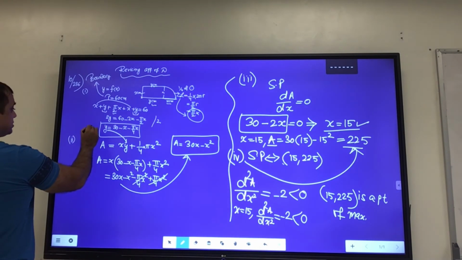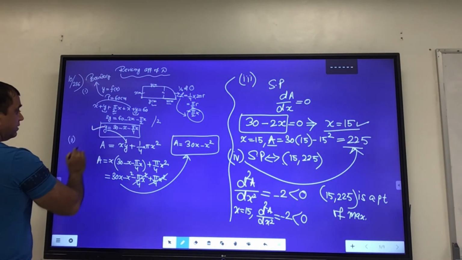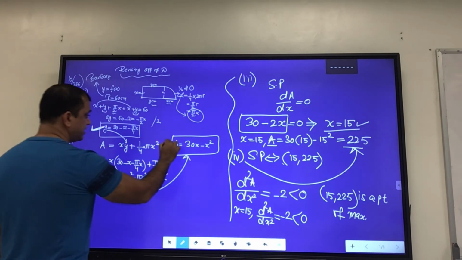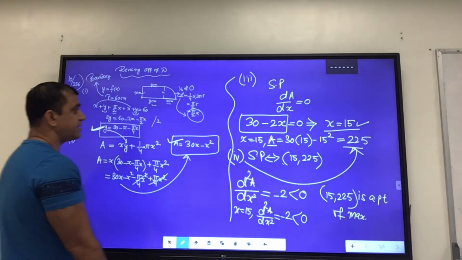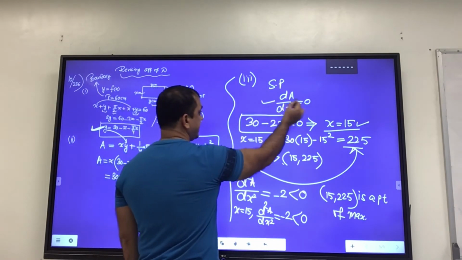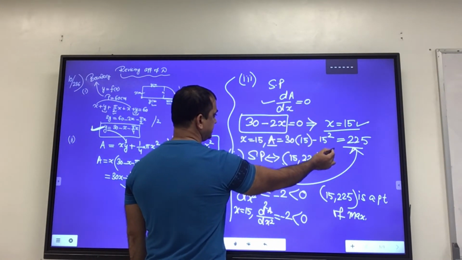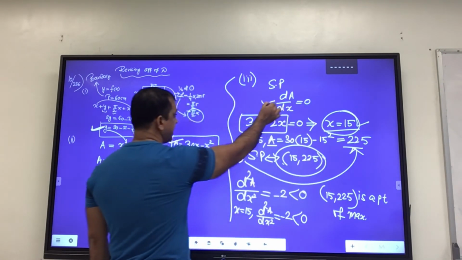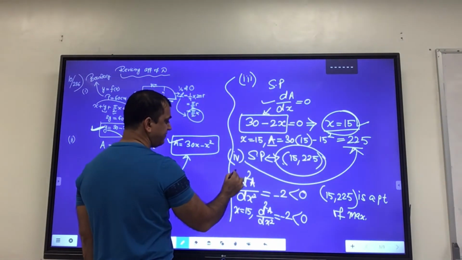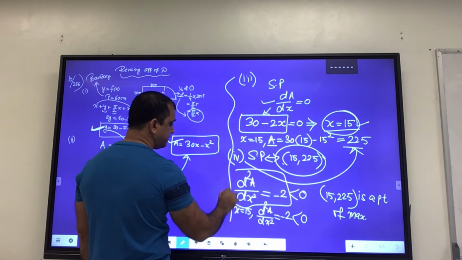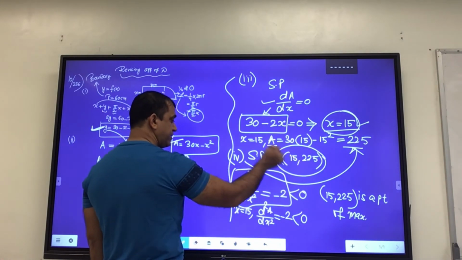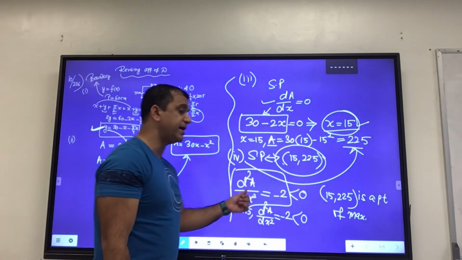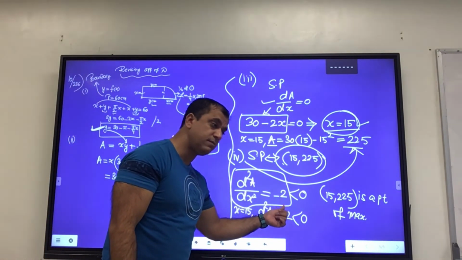First create variable, then function, then we take first derivative, take it 0 to find the stationary point. Right? Now from first derivative over here, find second derivative and decide by plugging that stationary point in the second derivative whether it is maximum or minimum. In our case, second derivative being negative, it is maximum.